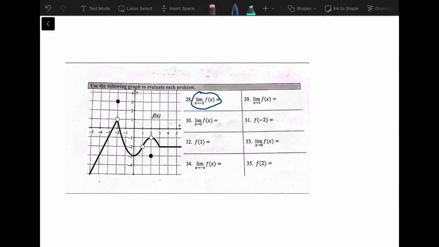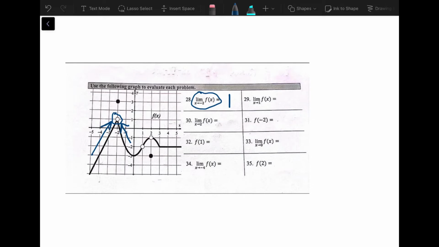So what this means in essence is that when x is approaching -2 from this way and from this way, what is it approaching? We can see that whenever x approaches -2, f of x approaches 1. It's going towards this 1 right here. Okay, hopefully that makes sense.